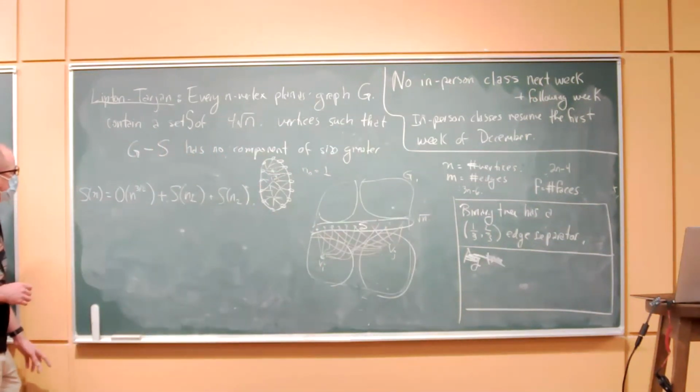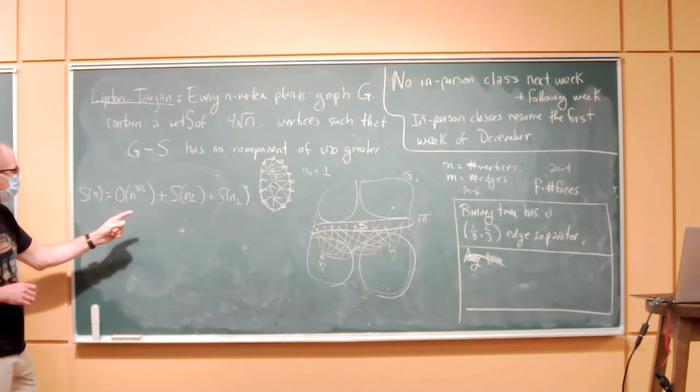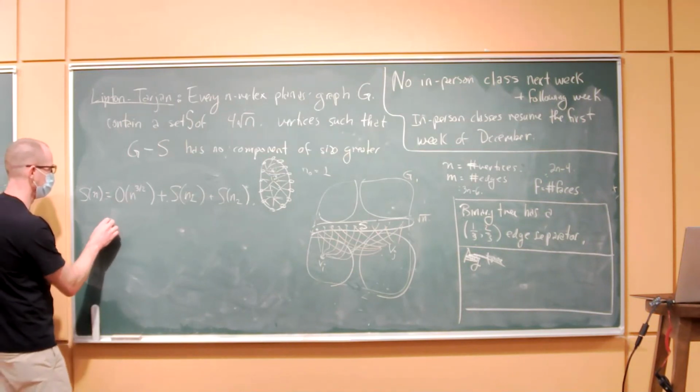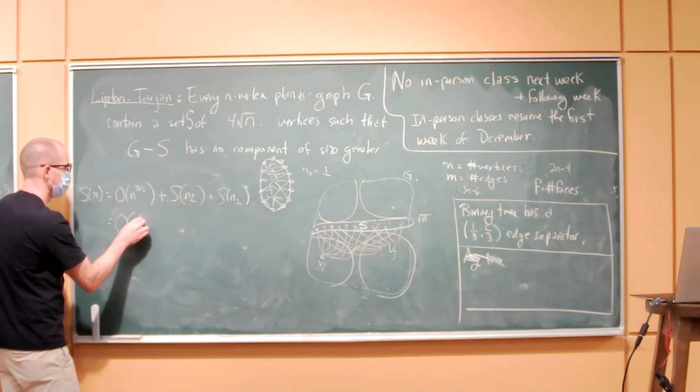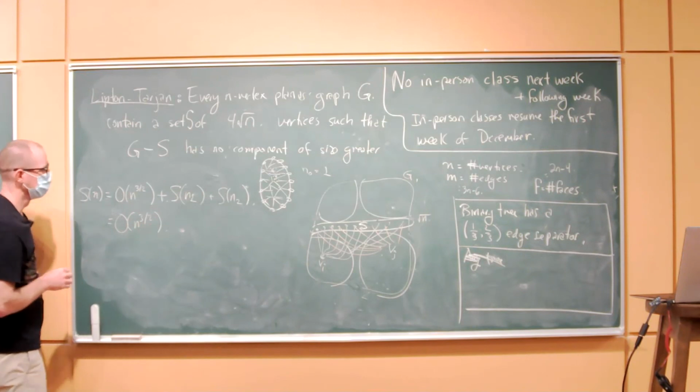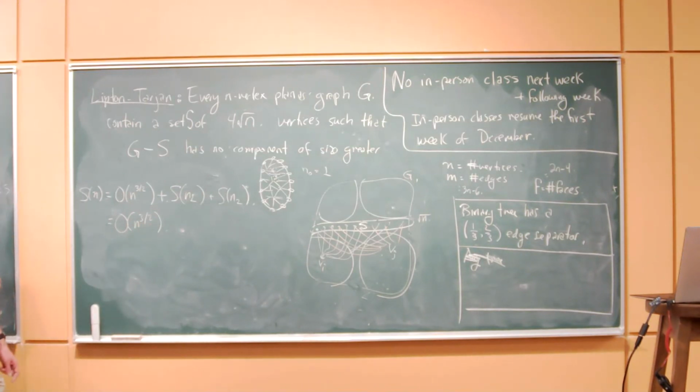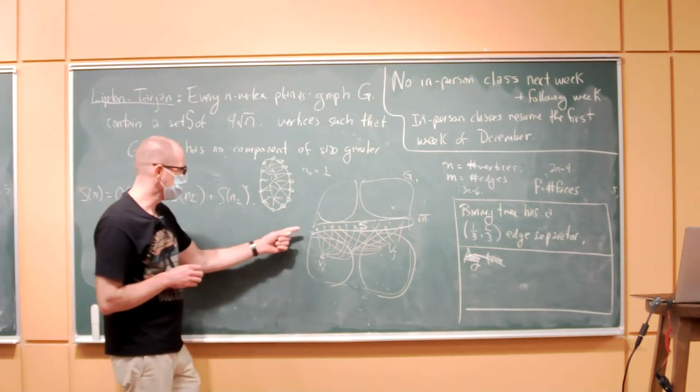With the point being that when I do that, then this whole thing resolves to O of n to the 3/2. Okay. So you end up with a data structure that uses O of n to the 3/2 space.